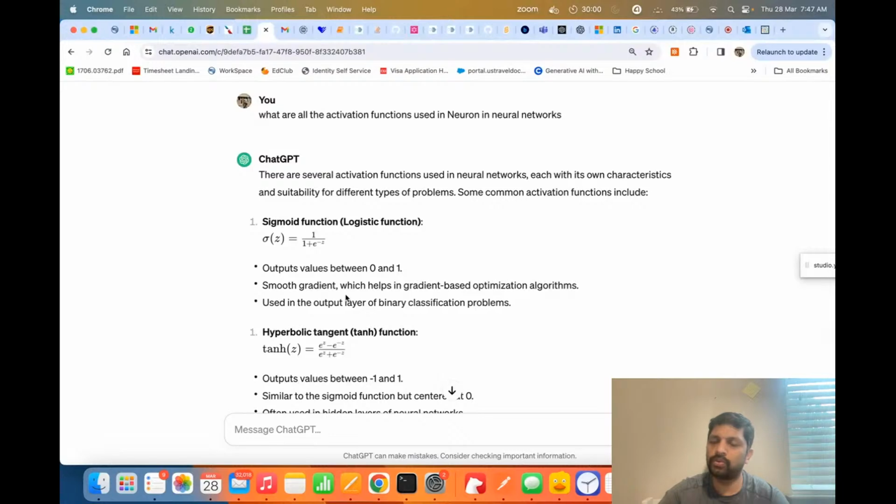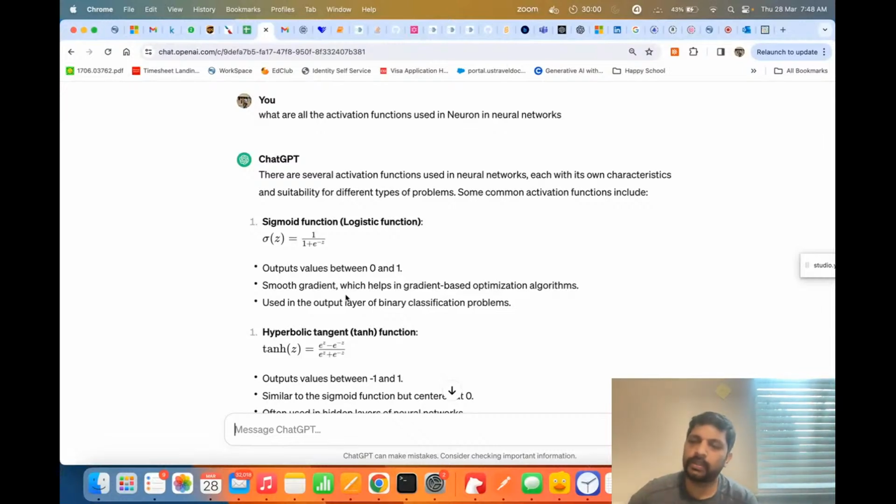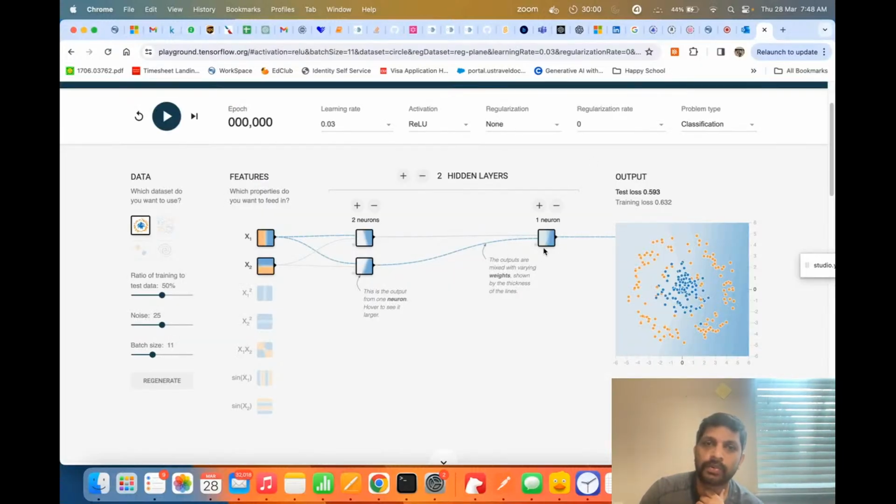So z2 is equal to w21 x1 plus w22 x2 plus b21, right? Then the third one is 1 by 1 plus e power minus z3. The third one is nothing but our output layer.